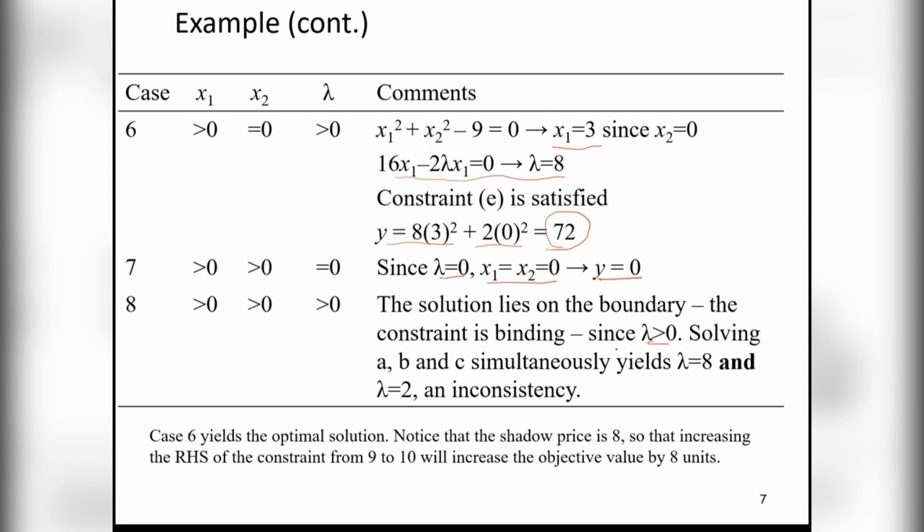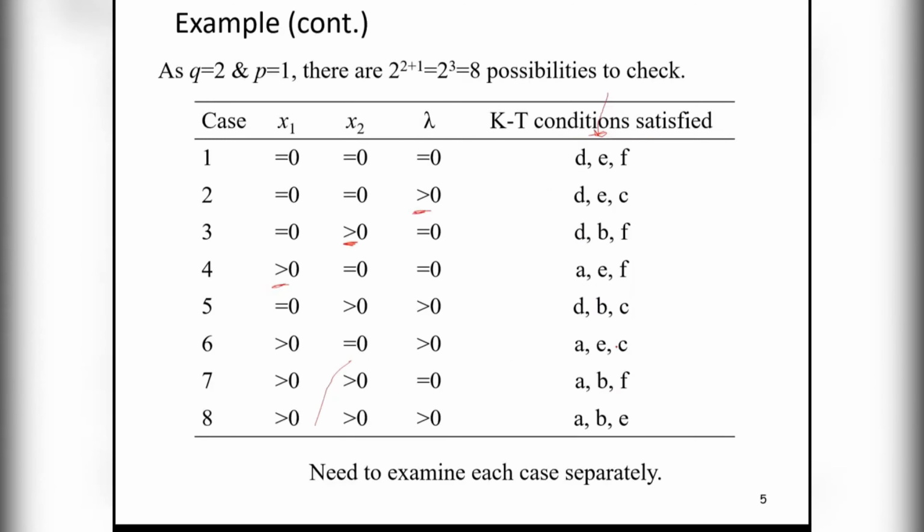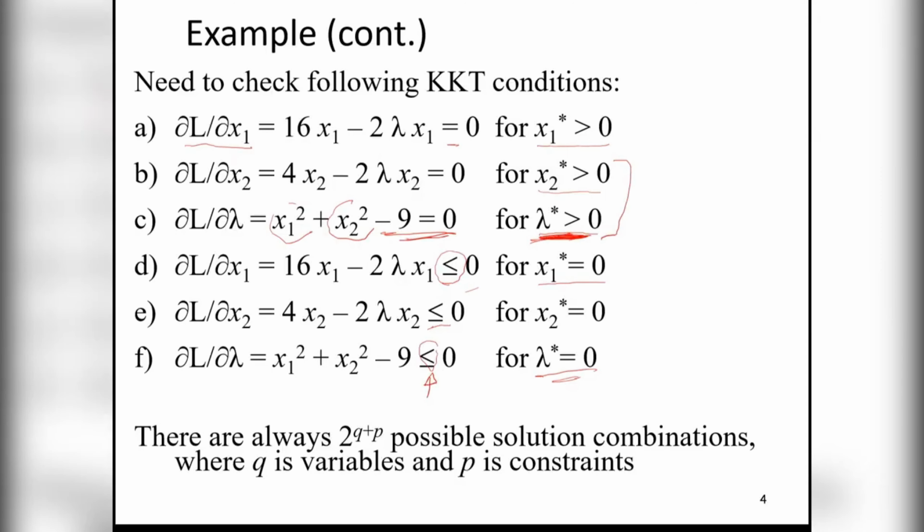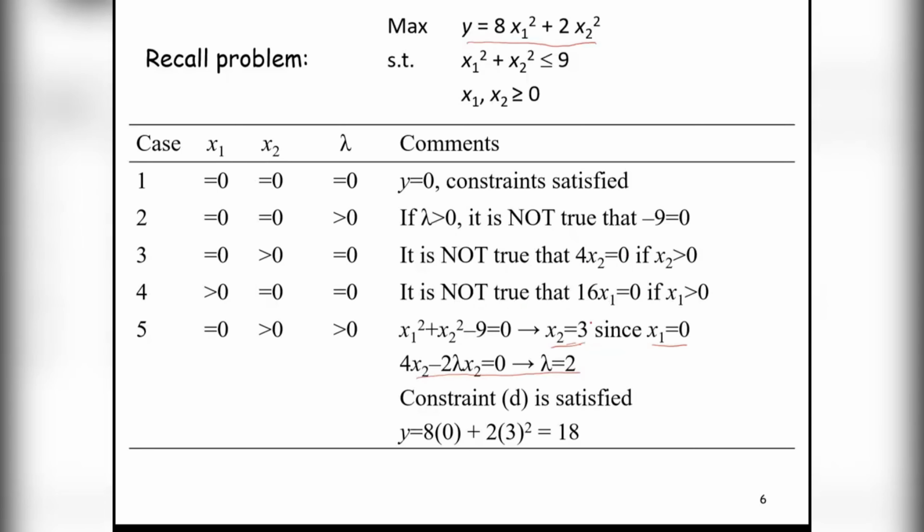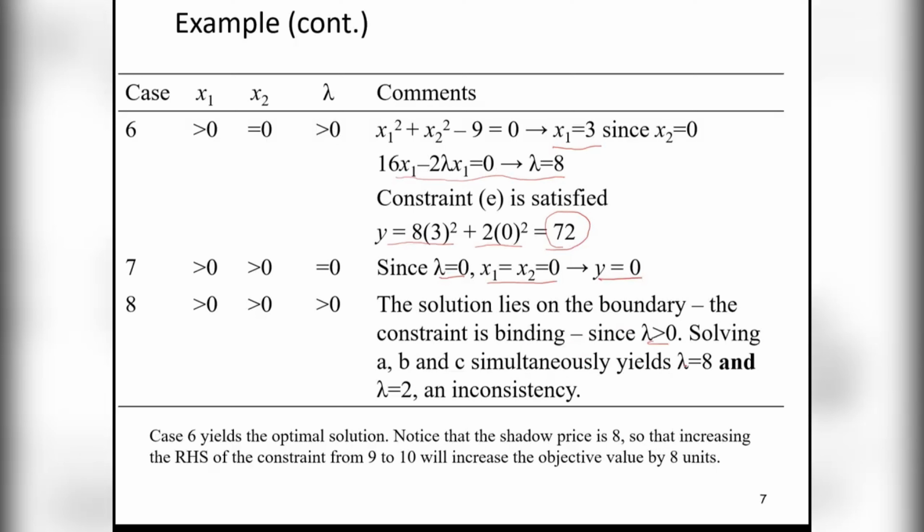So in this case, we get these 3 applying for that last condition. This is number 8. We see that for number 8, we get that lambda is 8, and we also get that lambda is 2, but that's an inconsistency. So this solution doesn't really apply, although the constraint is binding.